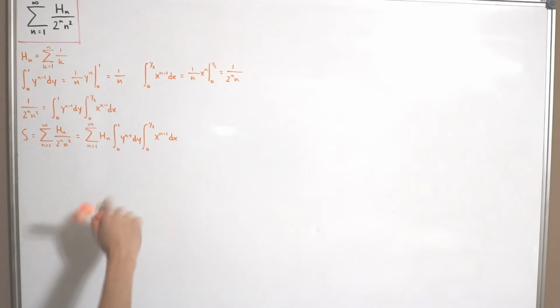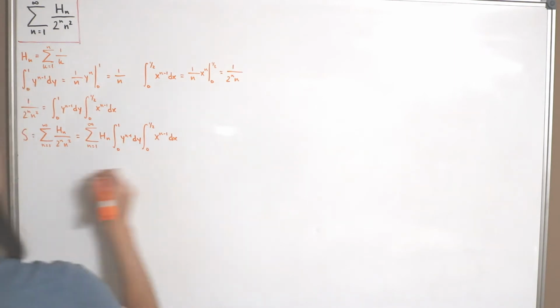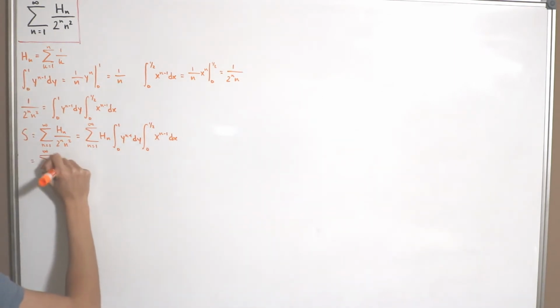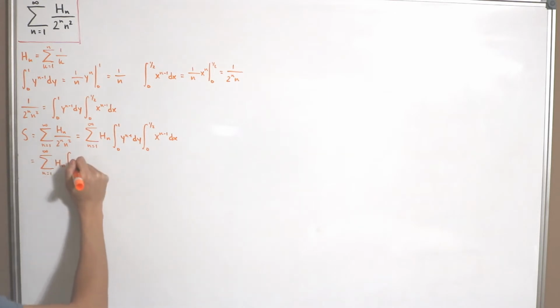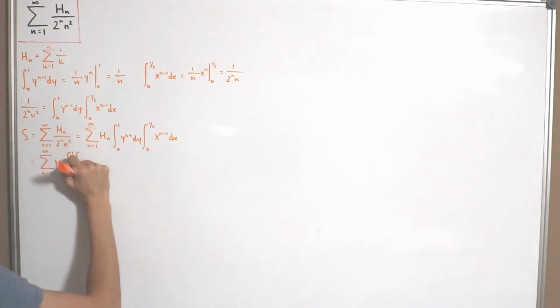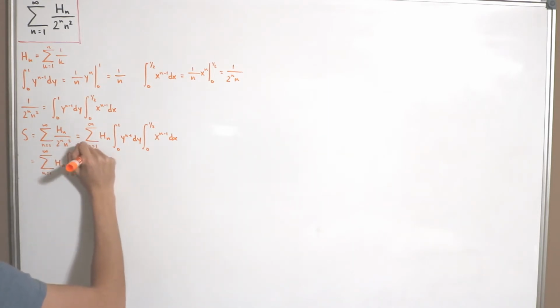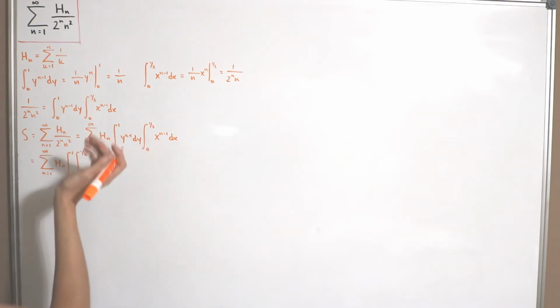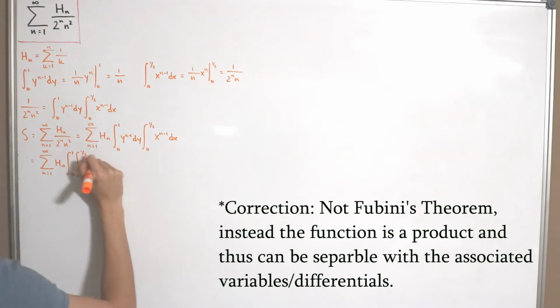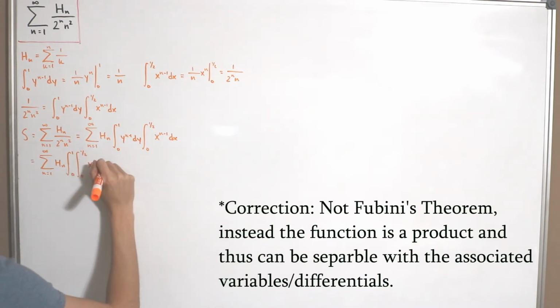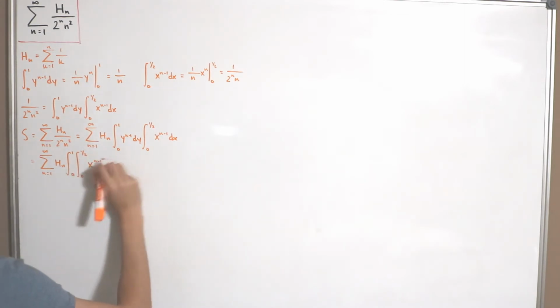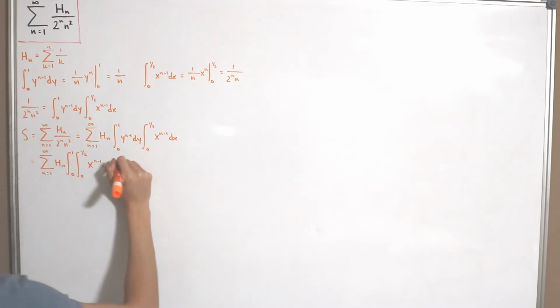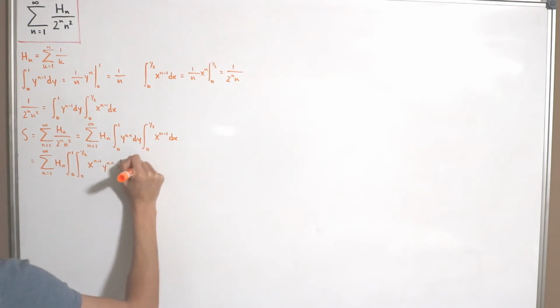That converts into a double integral, the integral from 0 to 1 and 0 to 1/2. Since we're combining products, it's just using Fubini's theorem. So x to the n minus 1, then y to the n minus 1, and we're integrating first with respect to dx, dy.